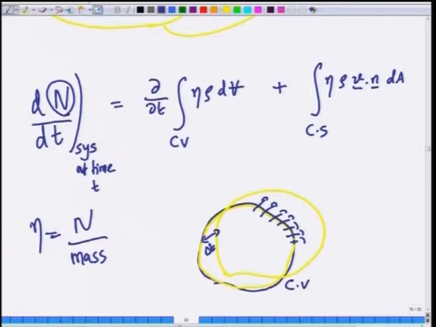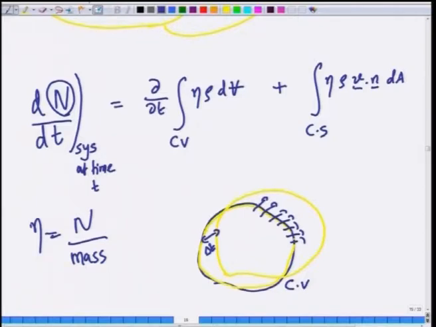So, the Reynolds transport theorem is in some sense the analog of the substantial derivative. The substantial derivative refers to pointwise change as you follow a given mass point. Here it is almost like a macroscopic collection of mass points, which is what we call a system.